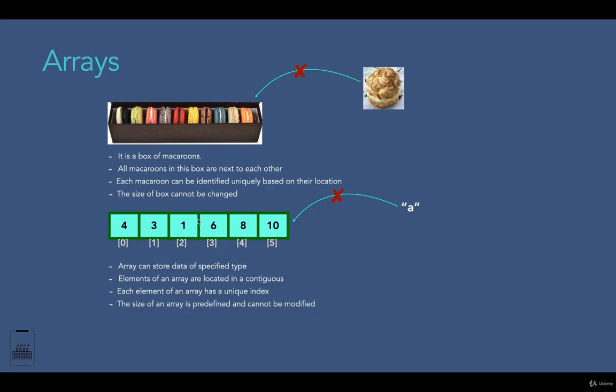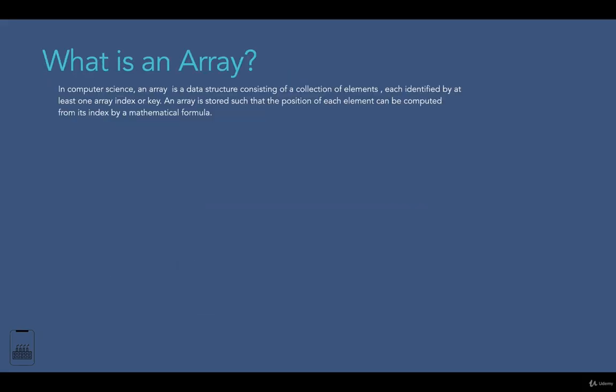Now hopefully you have a picture of what an array looks like. Let's see the definition of an array in computer science. In computer science, an array is a data structure consisting of a collection of elements, each identified by at least one array index or key. An array is stored such that the position of each element can be computed from its index by a mathematical formula.